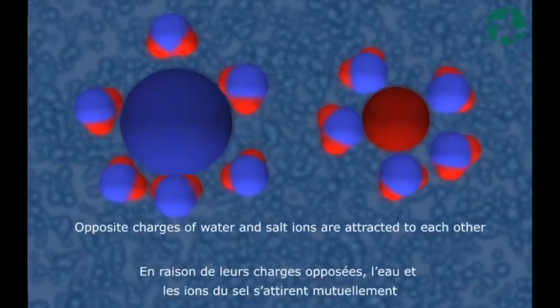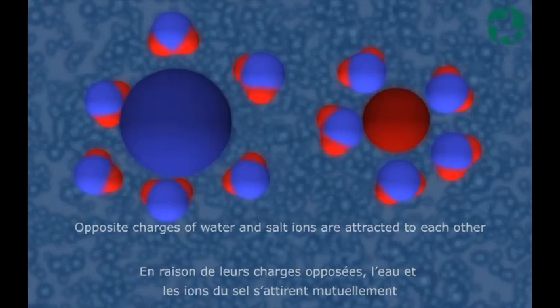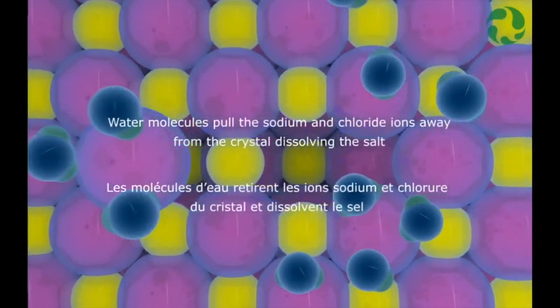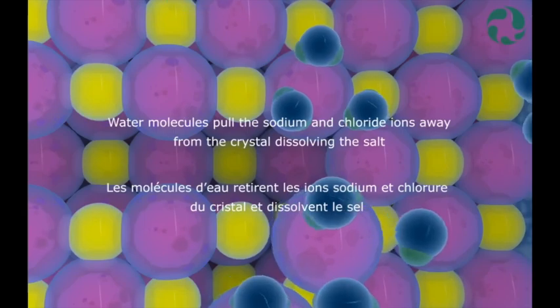The water molecules surround and pull the ions away from the crystal one by one. This process, where all the ionic bonds are broken and the ions are separated and surrounded by water, is called dissolving. That's why when you dissolve salt in water, the salt disappears. Sodium and chlorine ions are floating separately in water, invisible to the eye.